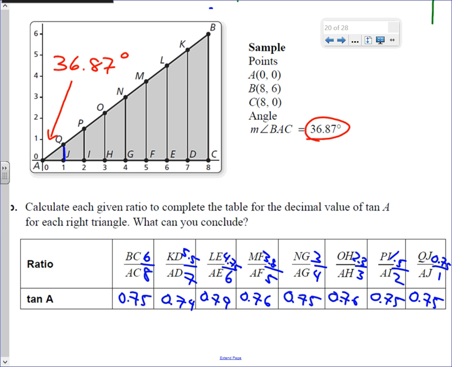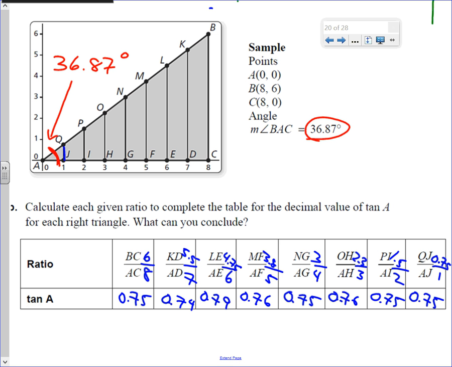Now watch this. Every single one of these right triangles, all eight of them, shared an angle. They shared the angle that I asked about in the beginning that Rios was estimating. They all shared this angle of 36.87 degrees.